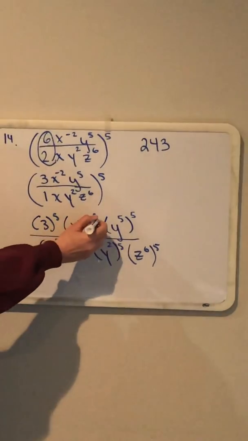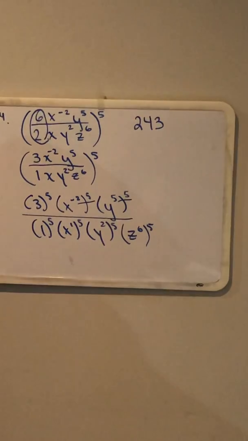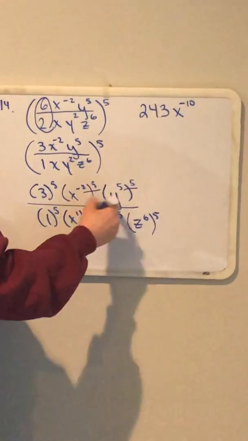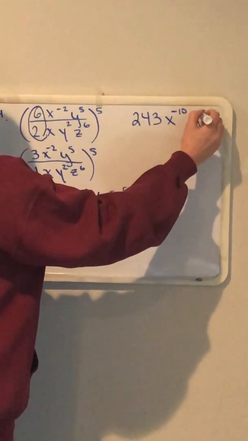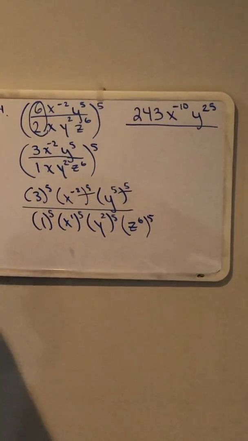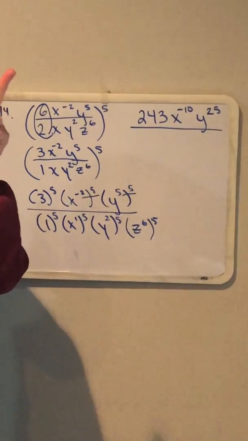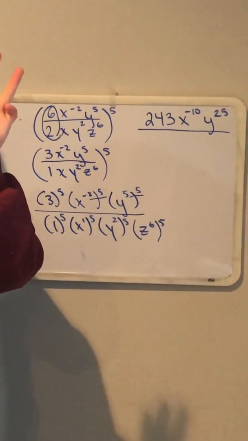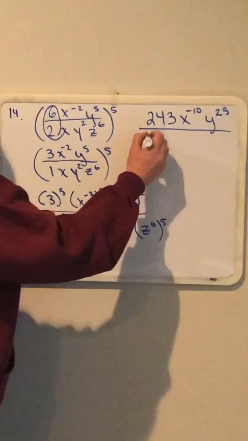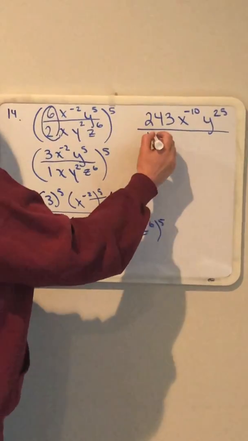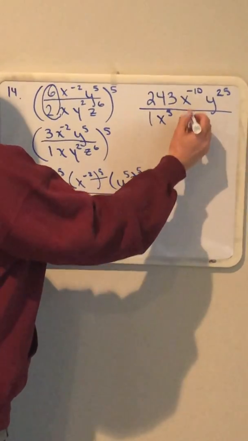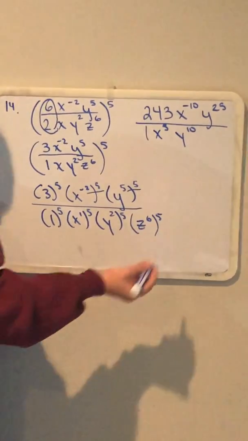If I multiply my double powers, I end up with x to the negative 10th, y to the 25th, over 1 to the 5th is 1 times 1, which is 1, times 1 is still 1, times 1 is still 1. So this is 1, x to the 5th, y to the 10th, and z to the 30th.